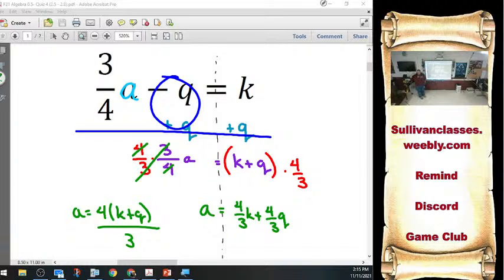See how that's still 4/3 times the thing? I could even distribute the top but leave the bottom, so it's 4K plus 4Q all over 3. All 3 of these are correct. I'll take any one of them. You're following math law, so they're all fine.